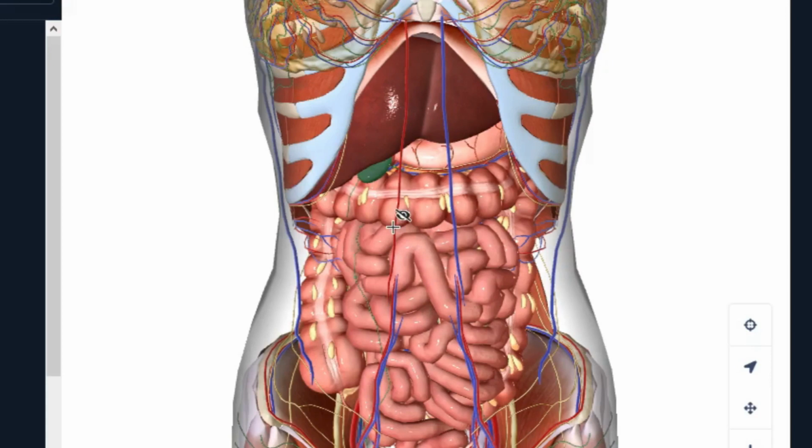Just remember, the duodenum has four parts: the first part, which is horizontally placed, then a vertical part, that is the second part, again a horizontal part, that is the third part, and again an oblique part moving upwards, that is the fourth part. I will show you that.